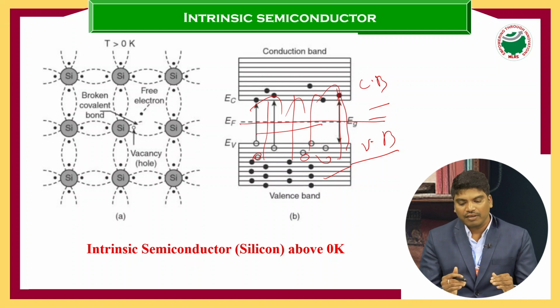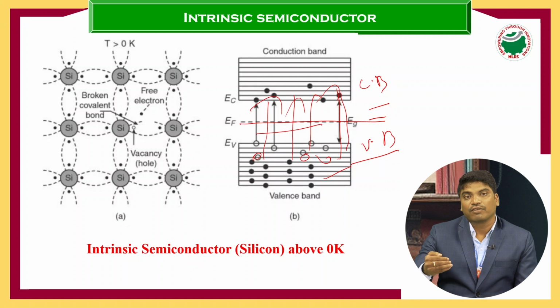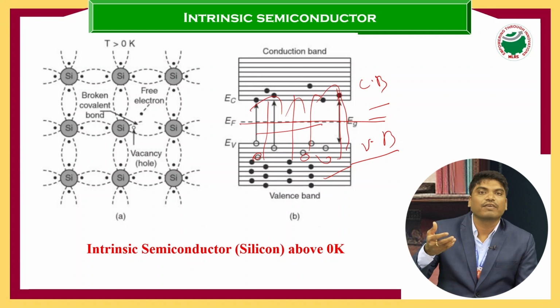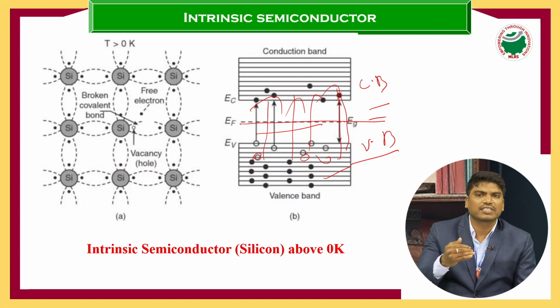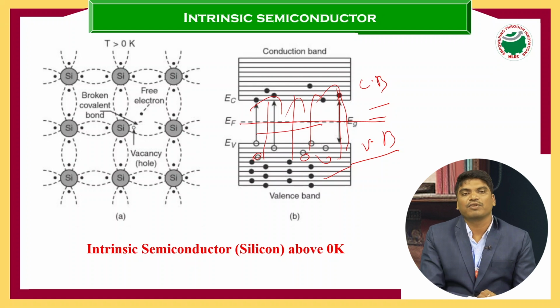Then what is the need to go for extrinsic semiconductors? Here I will explain. The number of electrons is equal to the number of holes. That means whatever energy I give and whatever output I get are almost the same. Then it is not suitable for a proper electronic device. In any electronic device, we should give a little input and be able to get the maximum output.